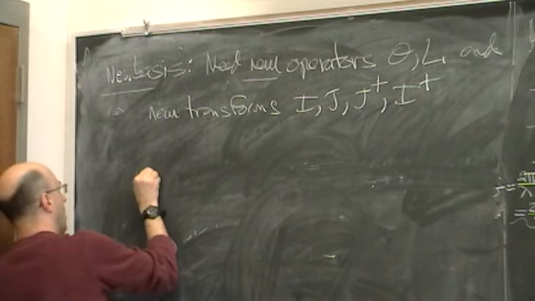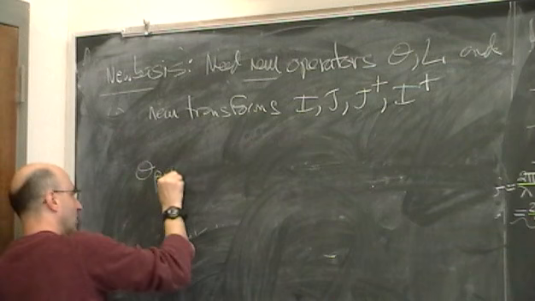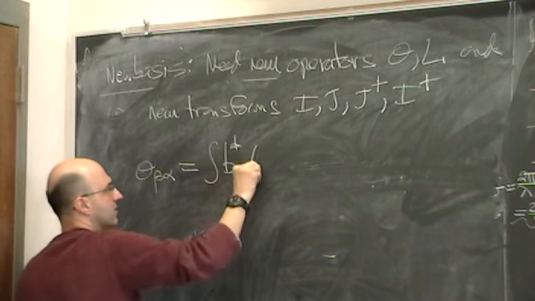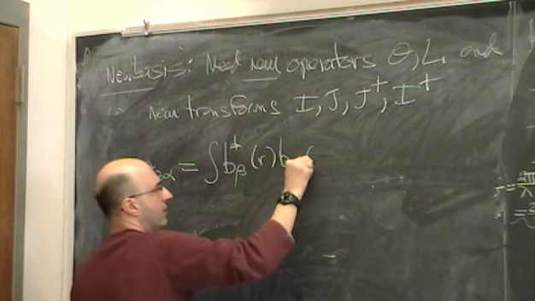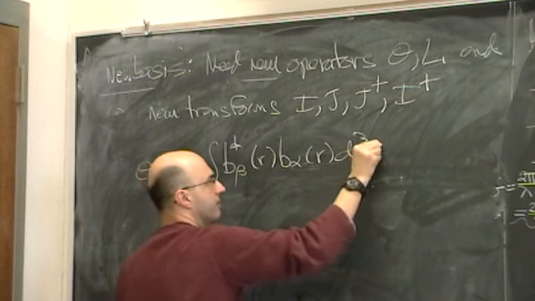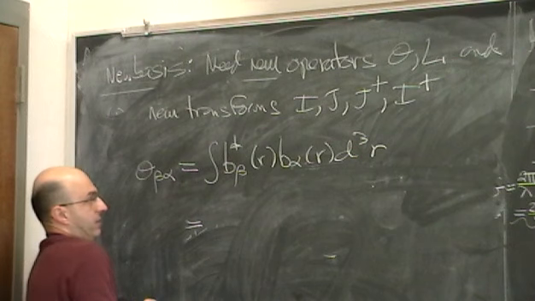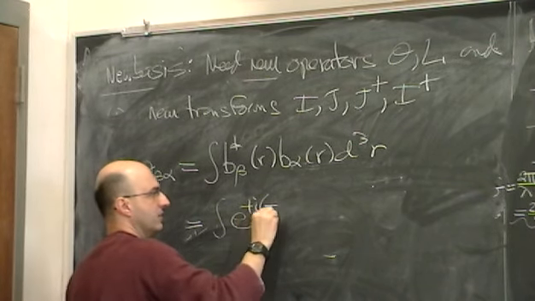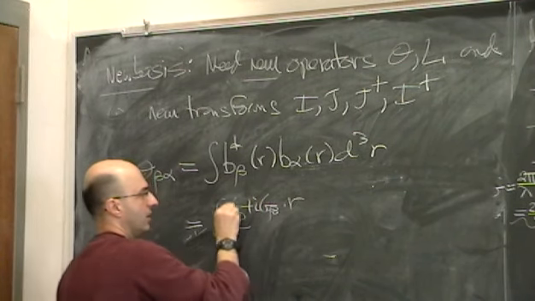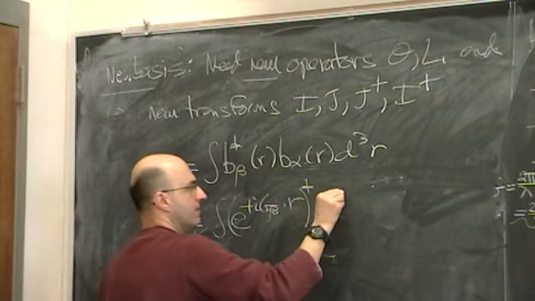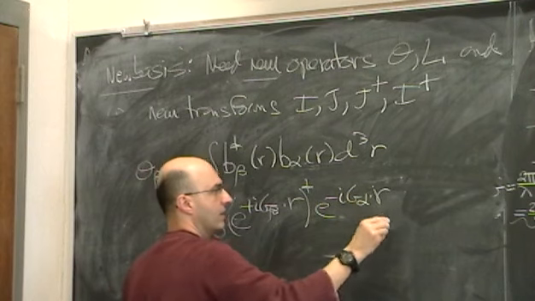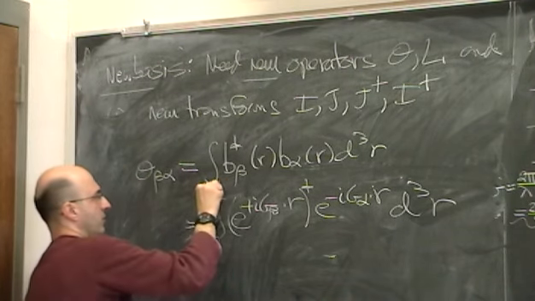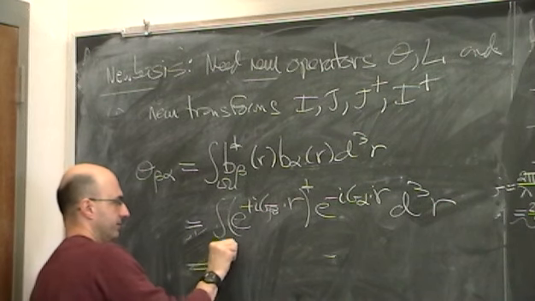Okay, so what is O? Well, we're back to our basic definitions. O is the integral of B beta star of r, B alpha of r, dr. We are still in a plane wave basis, we just have some different subset of wave vectors. So the integral of e to the minus i G beta dot r star times e to the i G alpha dot r, and we're calculating things per unit cell.